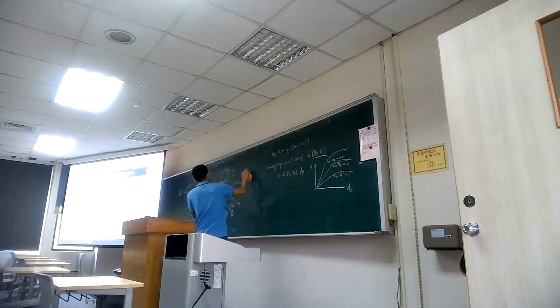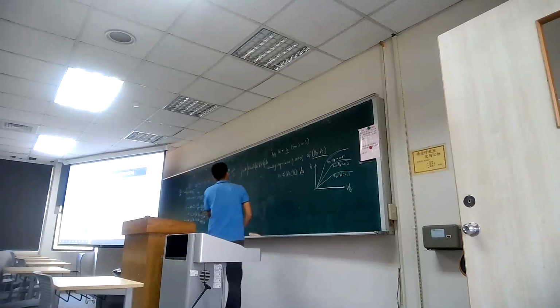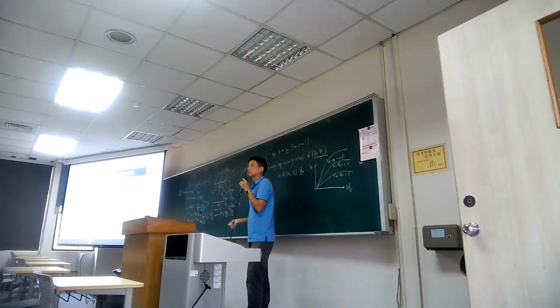Okay. So we can move the I to the other side. So the ID dx equals mu n C outside W (VGS minus Vx minus Vt) multiplied with the x. Okay, so you take the integral on both sides.